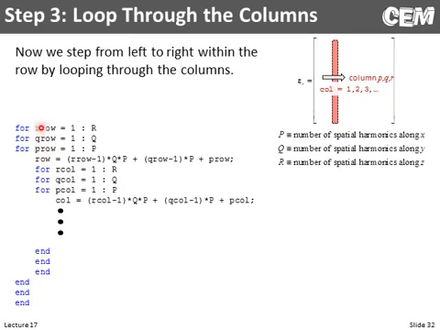Before, our triple loop was over the row, going down in the matrix. Here we're going left to right through the columns of the matrix. So this scalar number column, inside this triple loop, will go 1, 2, 3, 4, 5, working left to right across the convolution matrix. So row and column now tell us the location where we want to put the next number inside the convolution matrix. The question is, what number do we put in there?